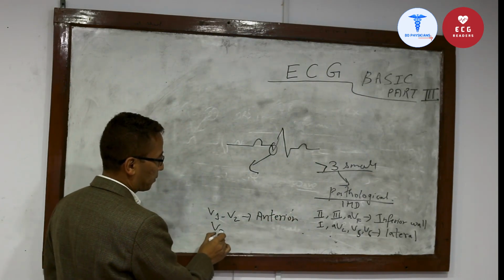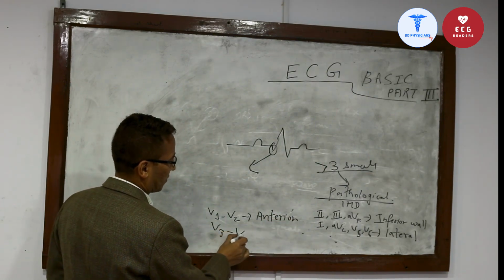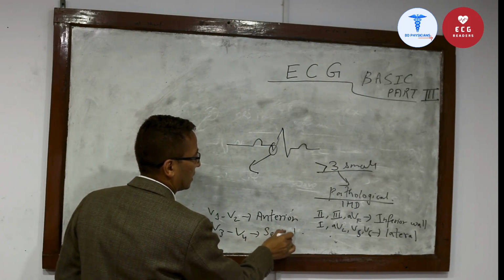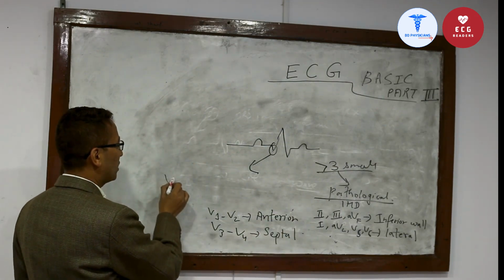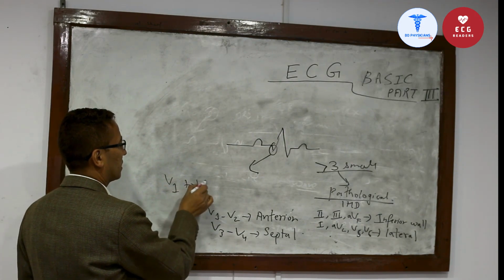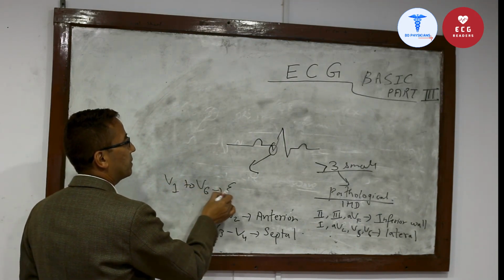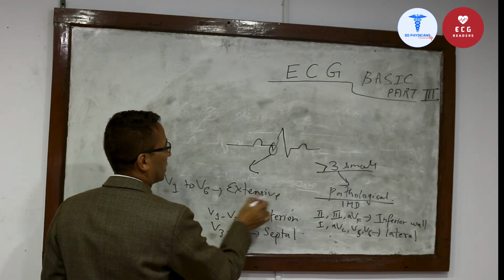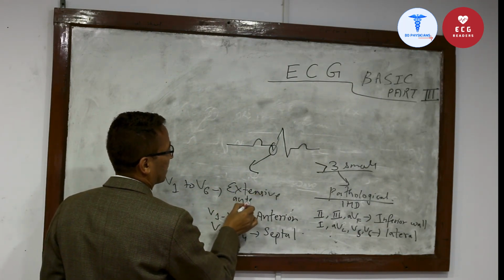If it is seen in V3 and V4, that is septal wall MI. If it is seen in all leads V1 to V6, this is extensive anterior wall MI.